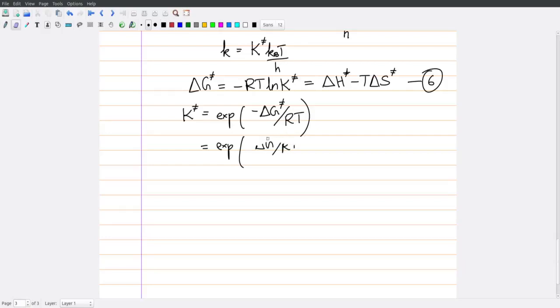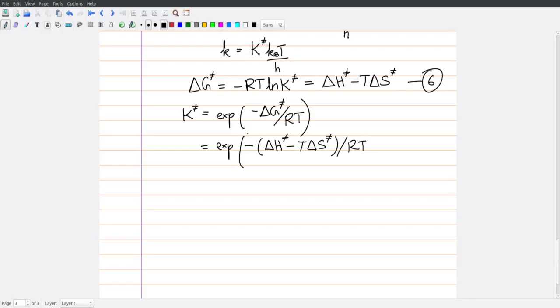which can be expressed as, so we will replace this delta G in terms of delta H and T times entropy. So, you will get this as minus delta H dagger minus T delta S dagger by RT.